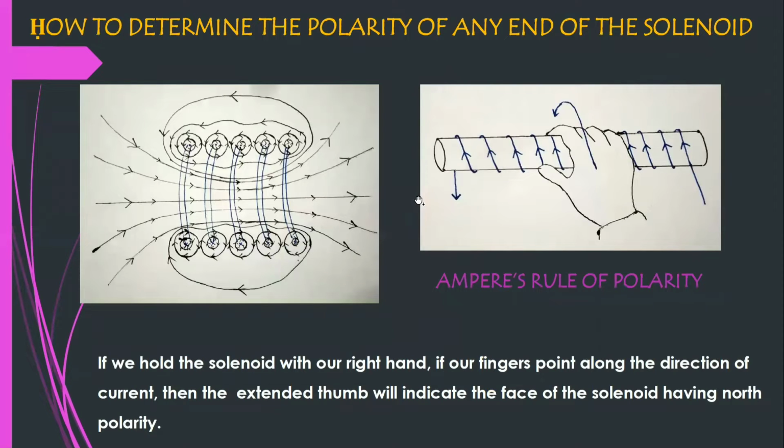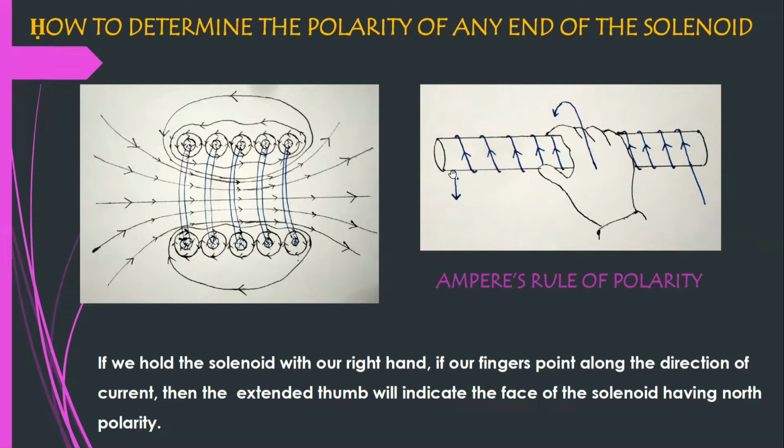And how do we determine the polarity of the end of a solenoid? It is called Ampere's rule of polarity. Suppose we have a solenoid as shown. If we hold the solenoid with our right hand, keep in mind it is our right hand, with the fingers pointing along the direction of the current, then the extended thumb indicates the face of the solenoid having north polarity.